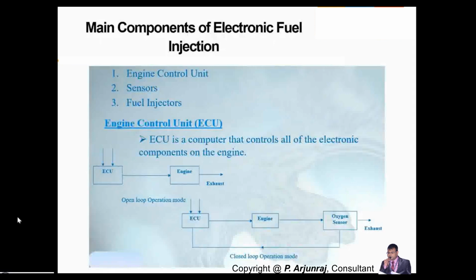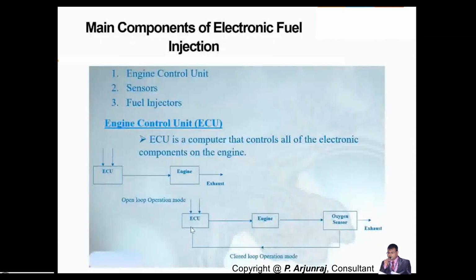And the feedback loop you get is a closed one, where you get the signal or input from the ECU to the engine, the engine gives the input to the oxygen sensor, and basically you get a closed loop.